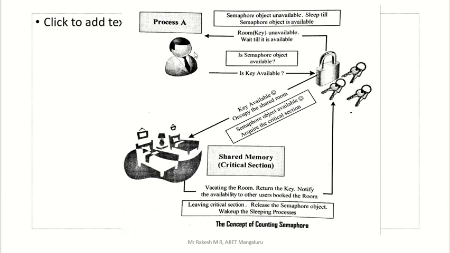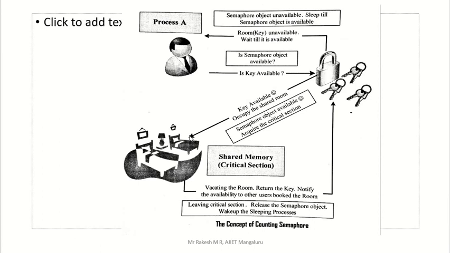Once they have entered, the room is full. When a 4th person comes, he should wait for the room to vacate. When any one of the 3 persons comes outside, then the 4th person can enter the room.